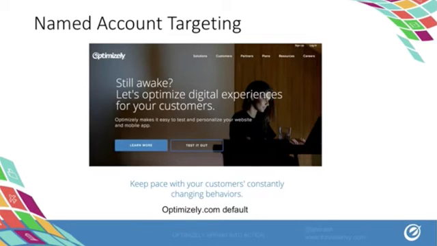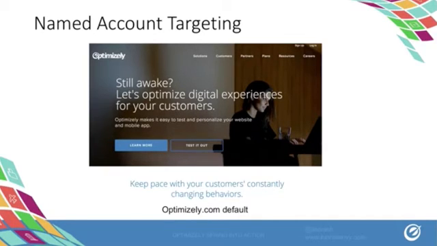So ultimately, if you do actually have named accounts and you can identify them when they come to the site, you can go really deep in terms of the personalized experience and test that. By default, when you come to the Optimizely.com homepage, there's some degree of personalization happening here. Clearly in the middle of the night when I was putting this deck together, you can see that the headline copy reflects that.